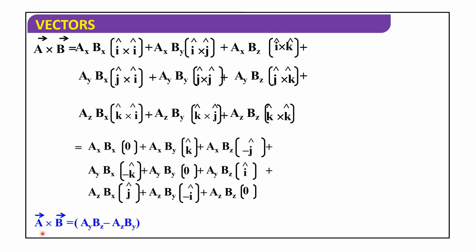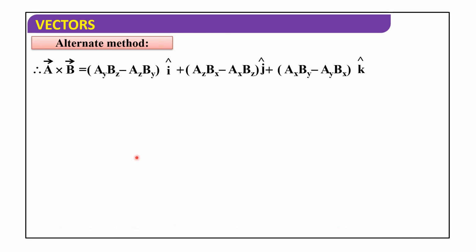Now a bar cross product of b bar is equal to (ay bz minus az by) i cap plus (az bx minus ax bz) j cap plus (ax by minus ay bx) k cap.